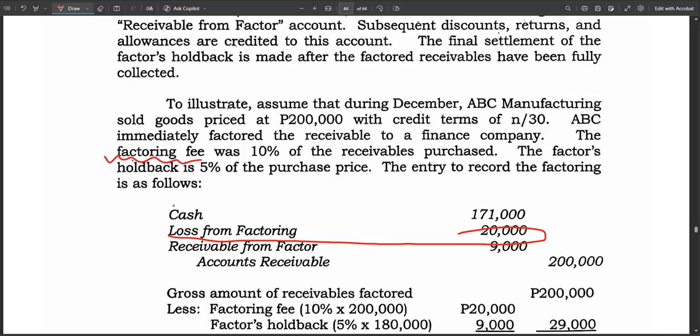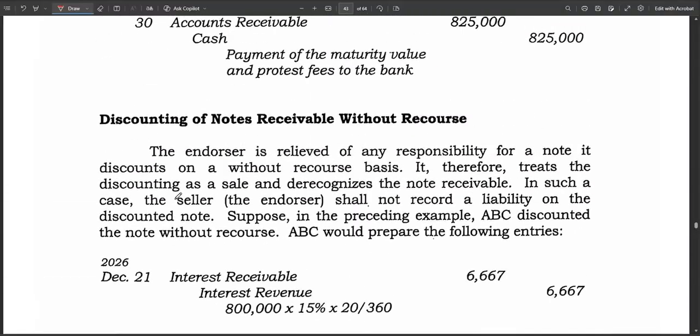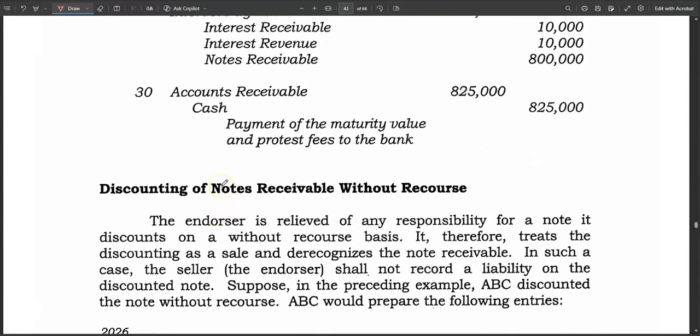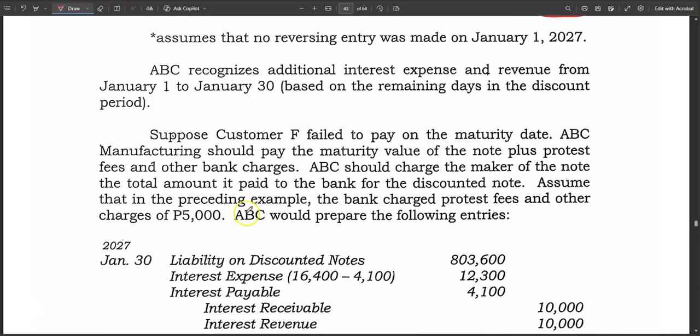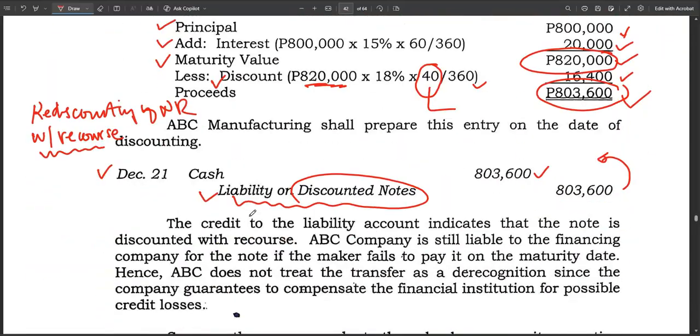If we're talking about notes receivable discounting with recourse and without recourse, in with recourse, the only entry initially is that the seller recognizes a liability on the discounted notes.